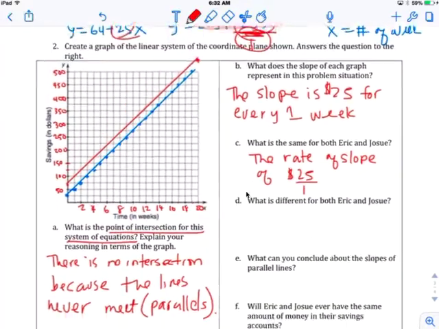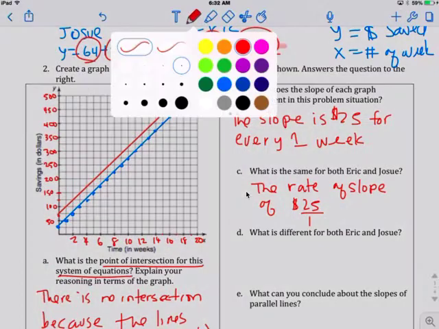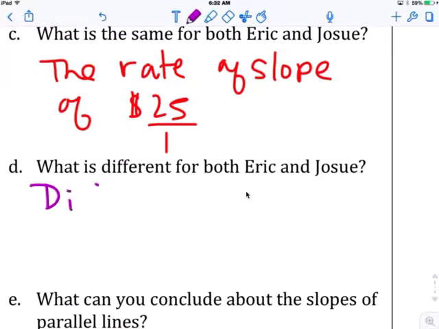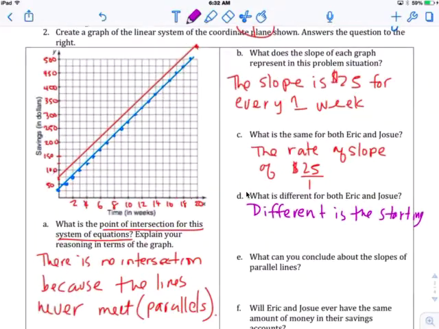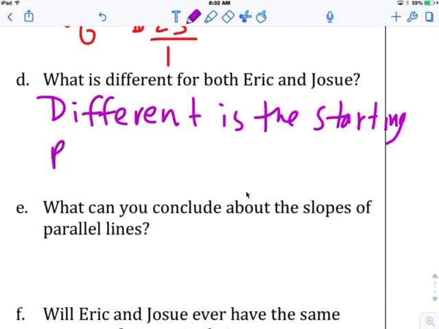Where they start out, which we call the y-intercept. Different is the starting point. See? These are different, or what we call the y-intercept.